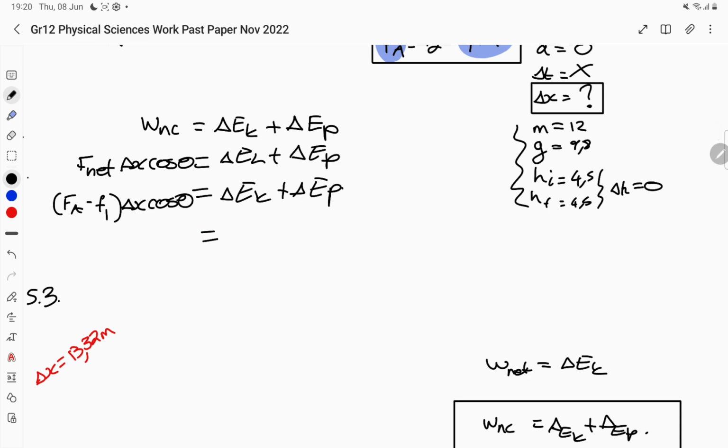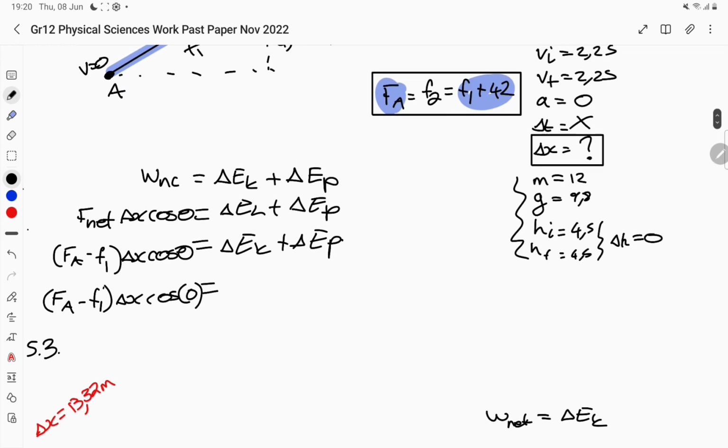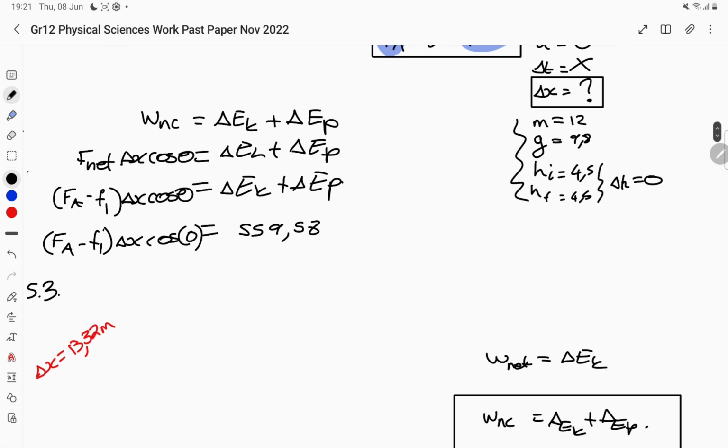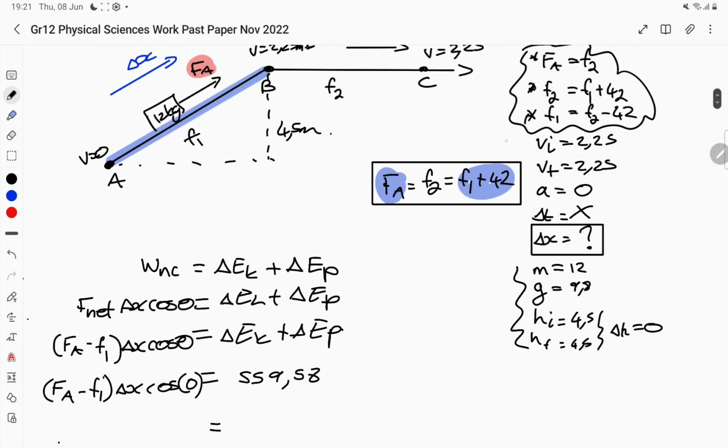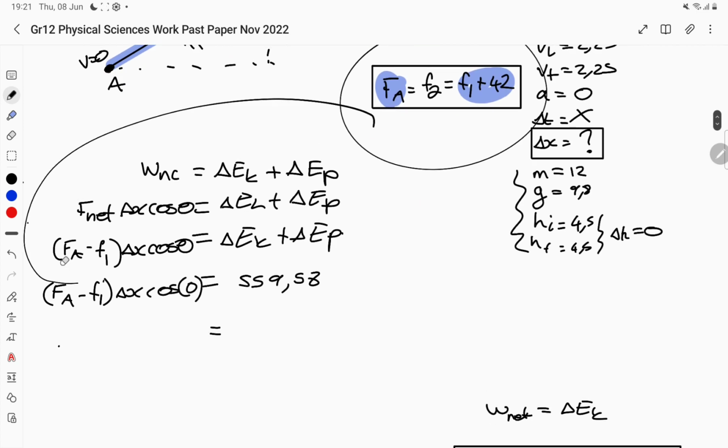So we have FA minus friction 1, delta x cos of 0, because it's in the same direction as the displacement, the Fnet now in terms of the conservative forces. And we actually worked this out, and that will be equal to 559.58. I'm just keeping the previous answer over here so we can take a look at it. And there we go. Now this is the important part that we have to sub in here to try and eliminate something. So we are just left with our delta x we can play with.